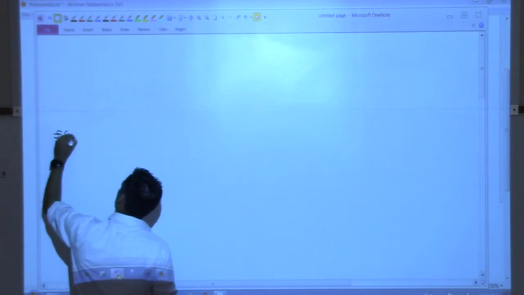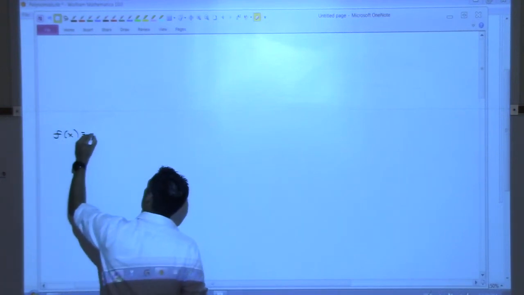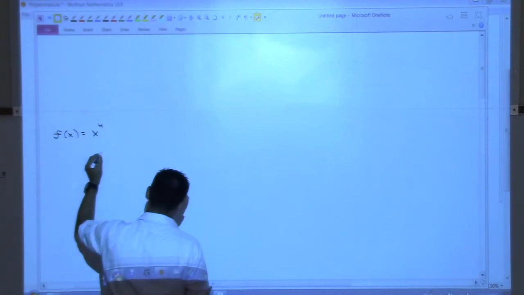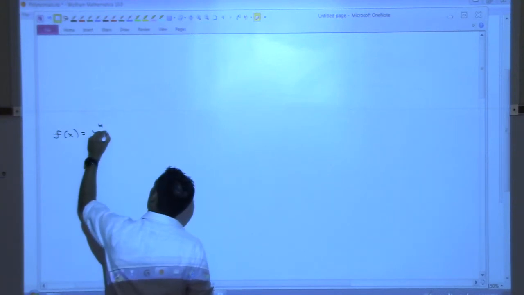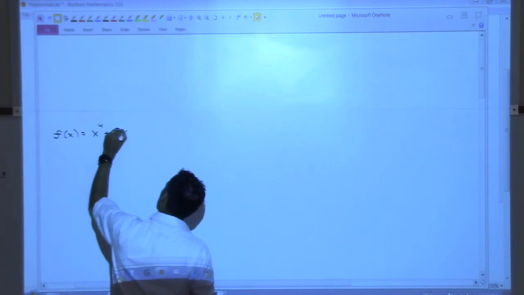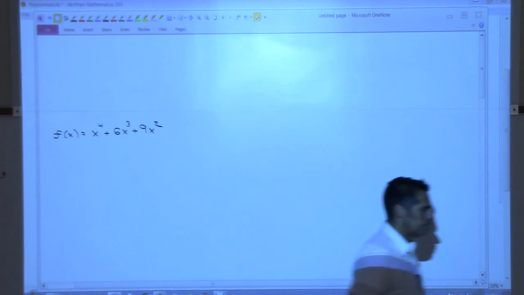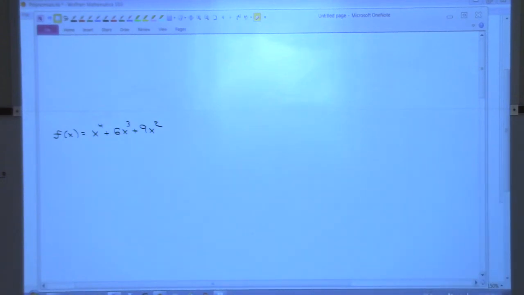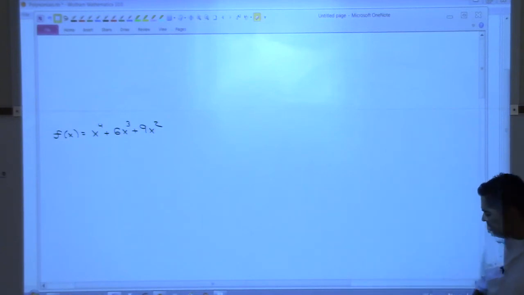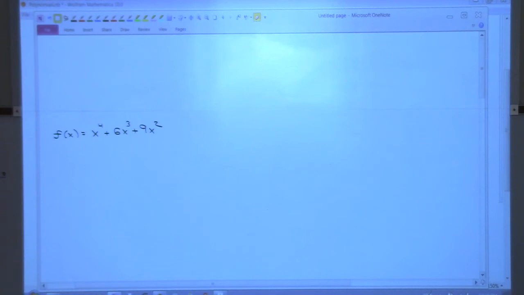Sketch this. F of x equals x to the 4th plus 6x cubed plus 9x squared. So go ahead. Go through your process. Help each other out if you need to. Raise your hand and ask questions if you need help.